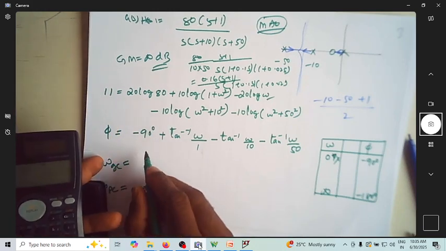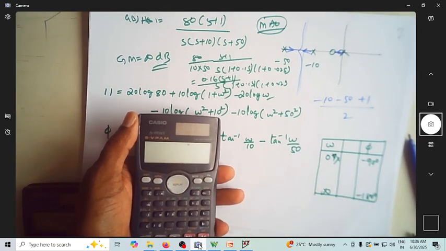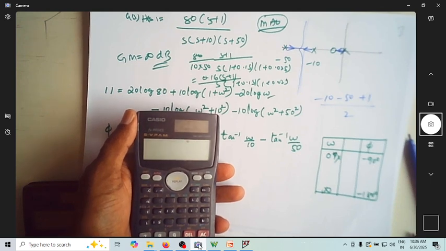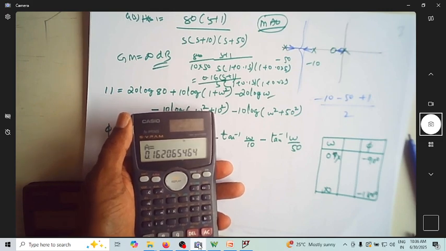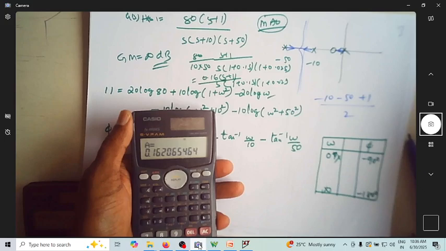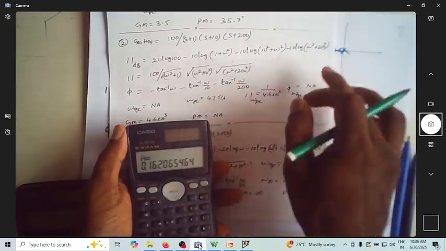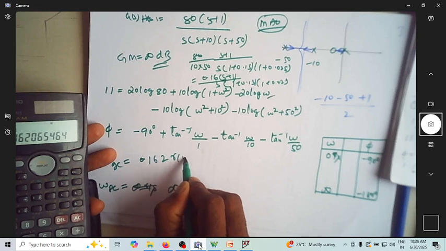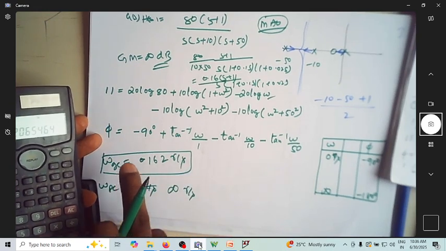Now I'm looking for omega GC. So it will be a finite value. From my MATLAB, I got it as 0.162. This is the value I got using MATLAB. So this is 0.162 radian per second. Now I have this as the omega GC.